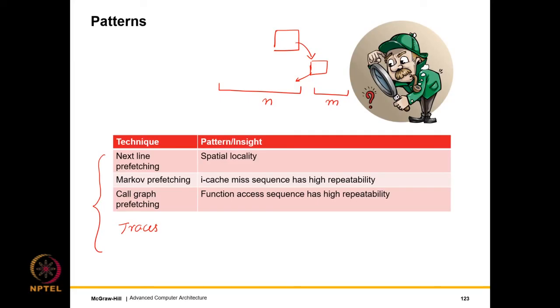So there's a lot of current work and a lot of current interest in this area, where essentially instead of fetching one function at a time, we prefetch a group of functions at the same time. So this helps increase the efficiency substantially of the entire processing system, and it reduces the miss rates quite a bit. So this is where I would like to terminate as far as instruction prefetching is concerned.